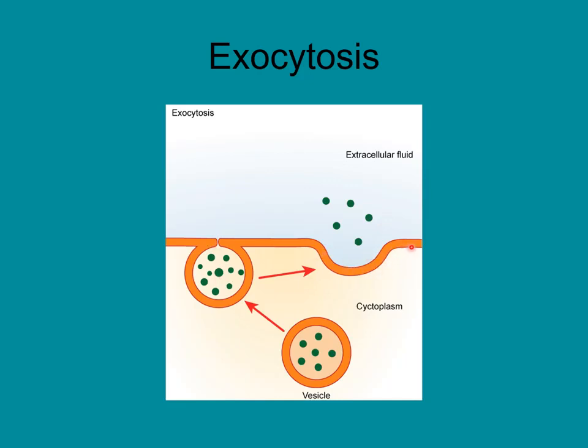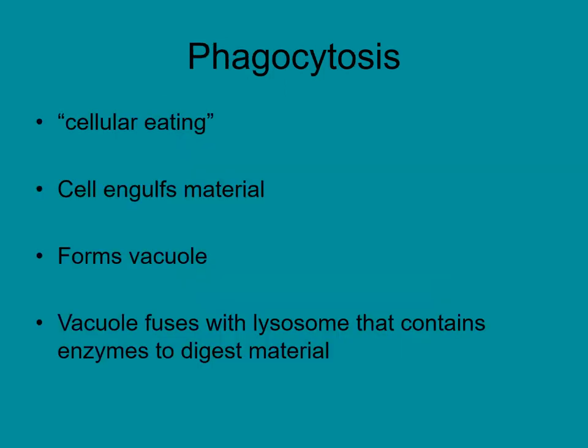So you might be thinking, well, is the membrane continuing to get bigger and bigger and bigger? So that cell's getting bigger. Well, it's pretty well offset with endocytosis, where you're going to have the reverse happen. Phagocytosis is often referred to as cellular eating.